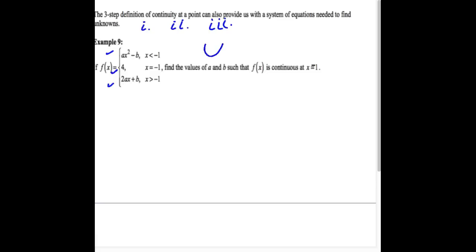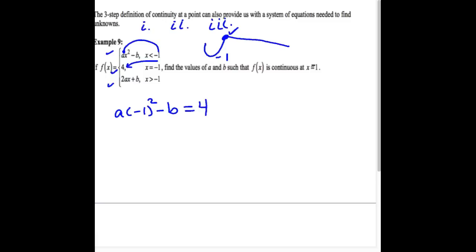So the parabola, the dot, and the line need to all be at the same height. Because if not, I've got a discontinuity. So it's pretty easy. Arithmetically, what I do is I make sure they all are the same at -1. So I make sure, plugging in -1 for x, that the parabola at -1 has to equal the dot at -1.